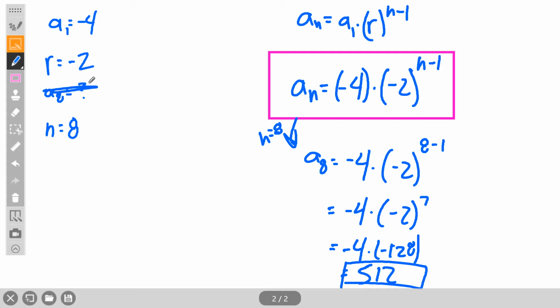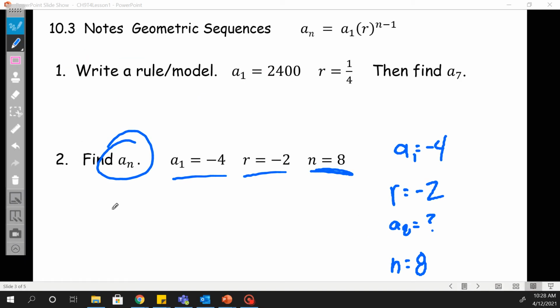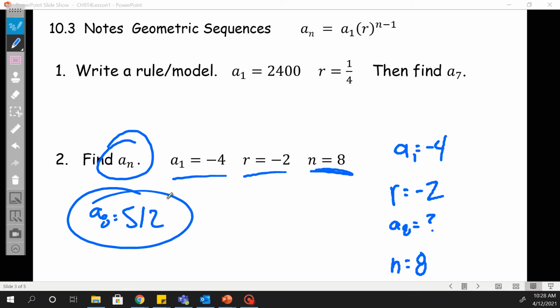So A8 is equal to 512, and that's what I was looking for here. Find an. Well, an in this example is A8, which is 512.